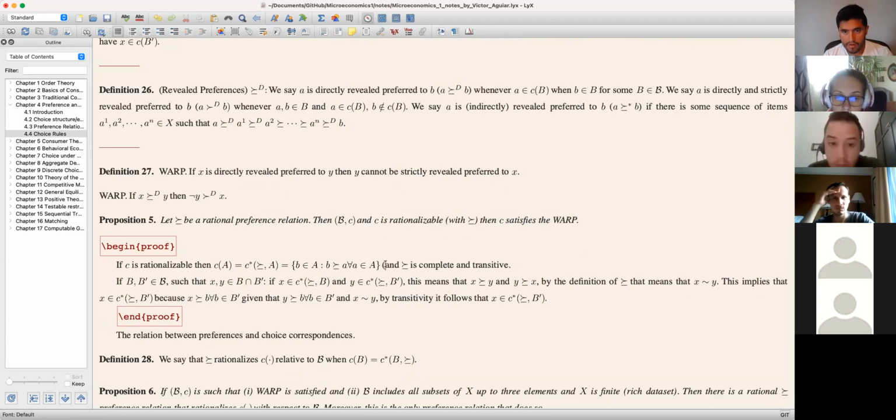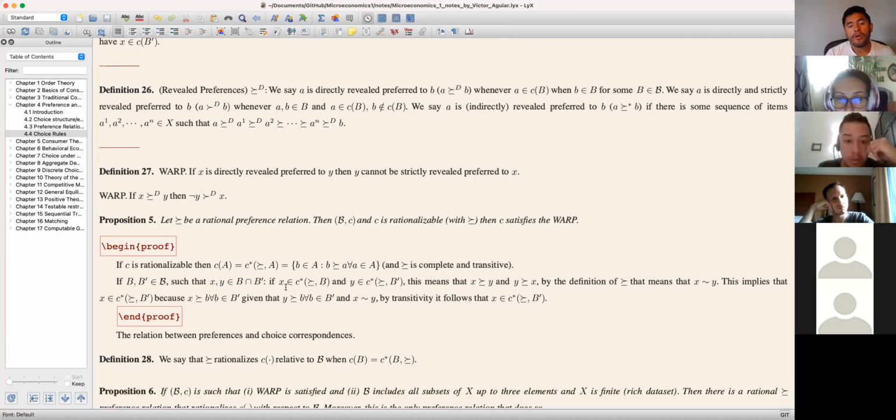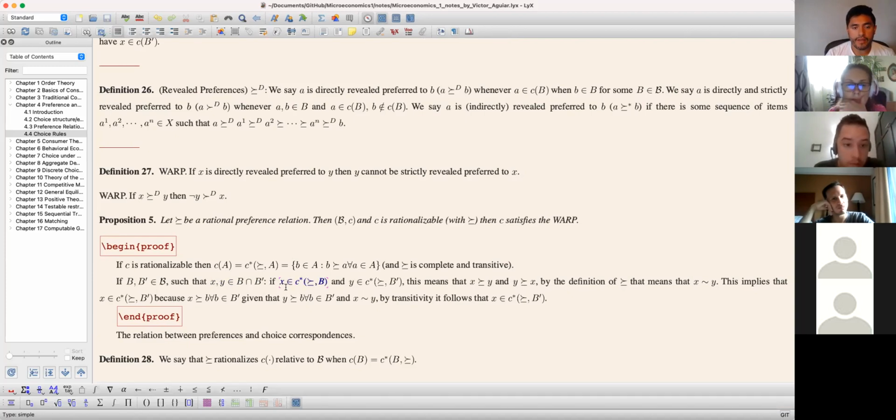Okay, so now with this in hand, take two menus, right? Just the definition, B and B prime, and take X and Y in the intersection of these B and B prime, because two menus have to have the same X and Y, right? That's my requirement of the first definition. Now, if X is in the C star choice correspondence, right?